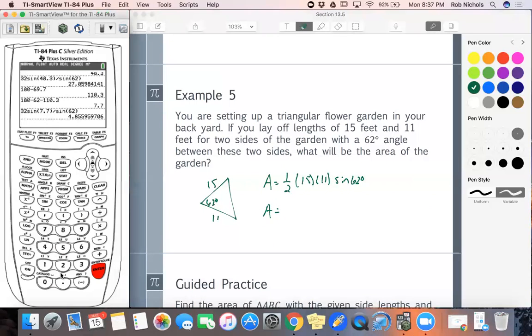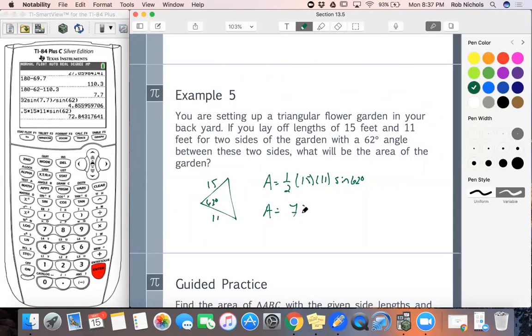Plug that all in. I would just type that in as 0.5 times 15 times 11 times the sine of 62 degrees. And we get 72.8 feet squared. And that's it.